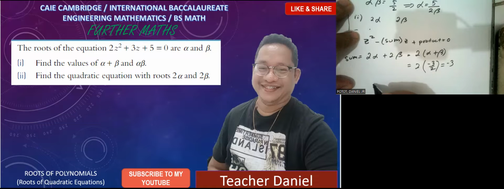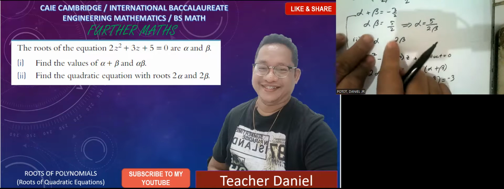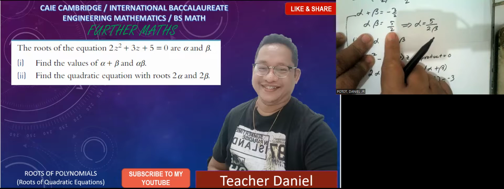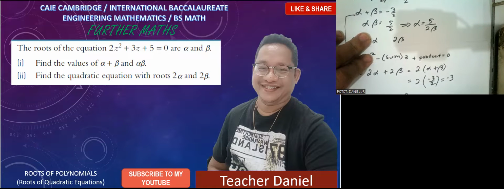The product now is 2 alpha times 2 beta, which is 4 alpha beta. And that is 4 times our alpha beta from our first answer. Our alpha beta is 5 out of 2. Now 4 divided by 2 is 2, times 5 is 10.